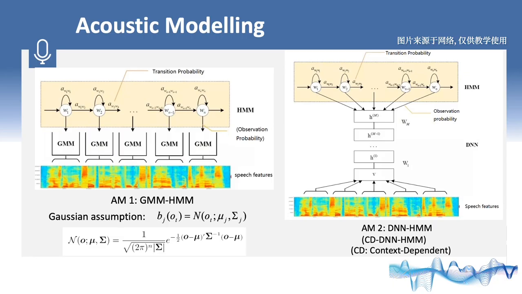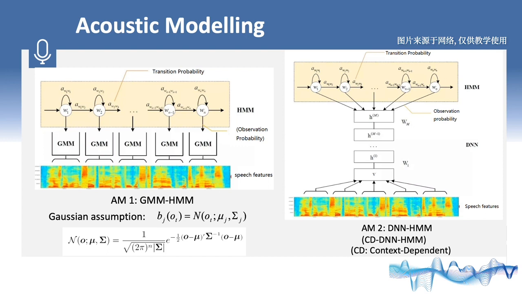In GMM-HMM acoustic model, HMM is used to model the timing information. Given a state of HMM, GMM is used to model the probability distribution of the feature vectors belonging to that state. With the development of deep learning, DNN model replaced GMM for HMM state modeling.